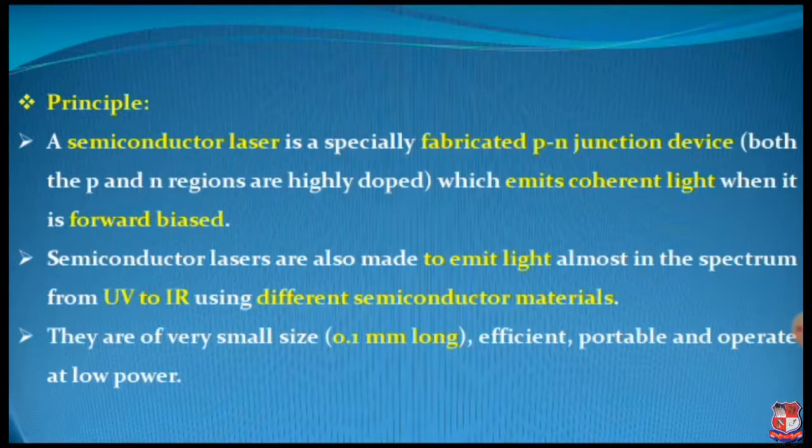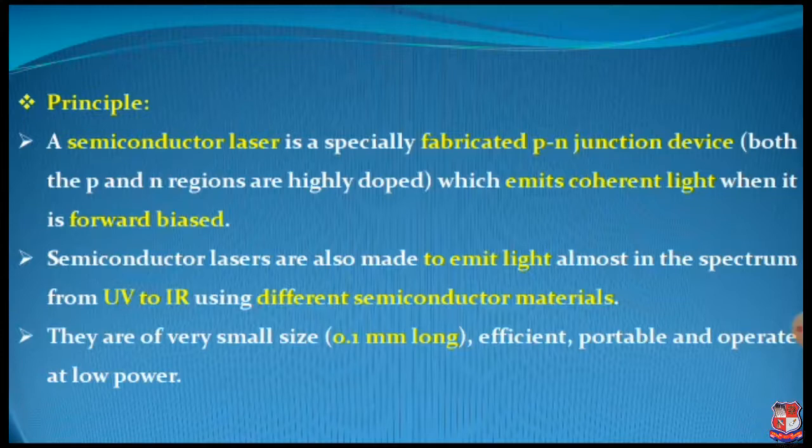A semiconductor laser is a specially fabricated PN junction device where both the P and N regions are highly doped. That means in the P region the holes are abundant, and in the N region electrons are abundant, which emits coherent light when it is forward biased.